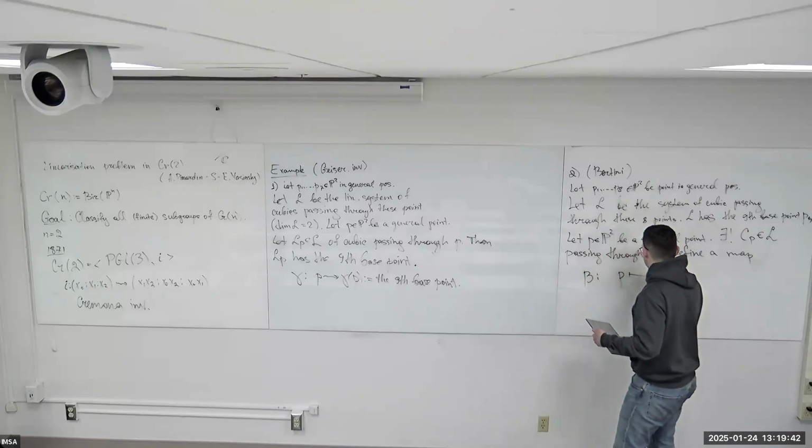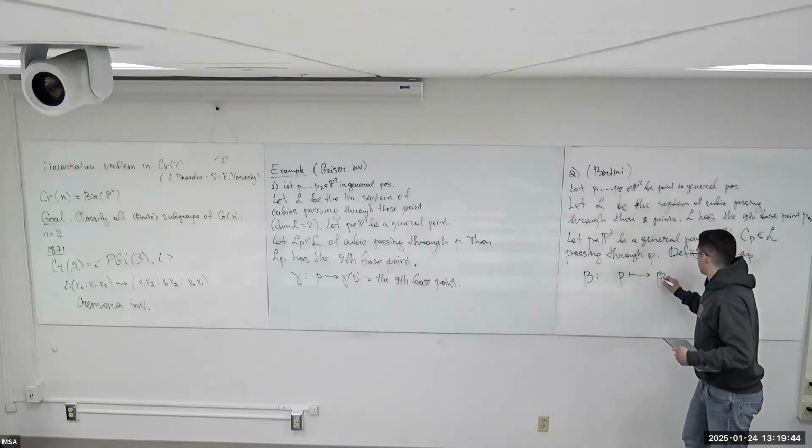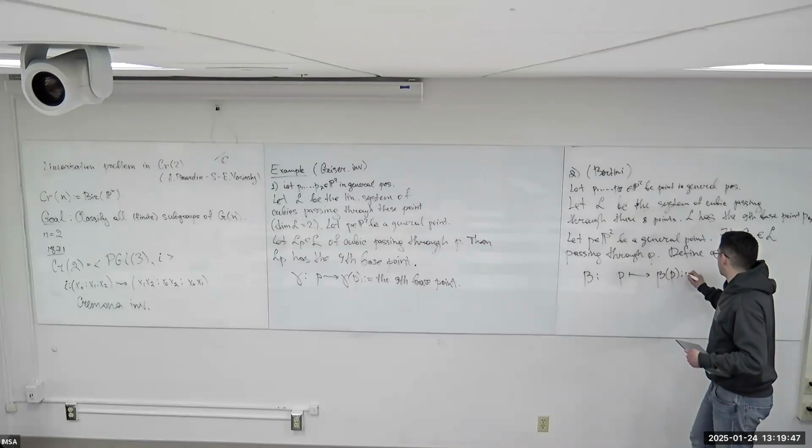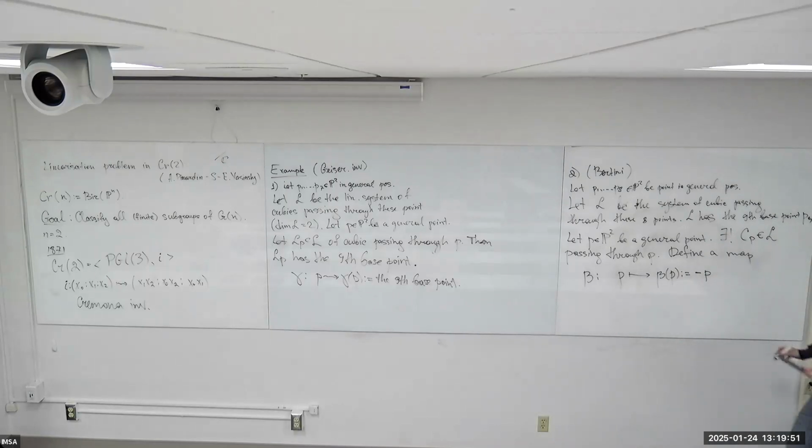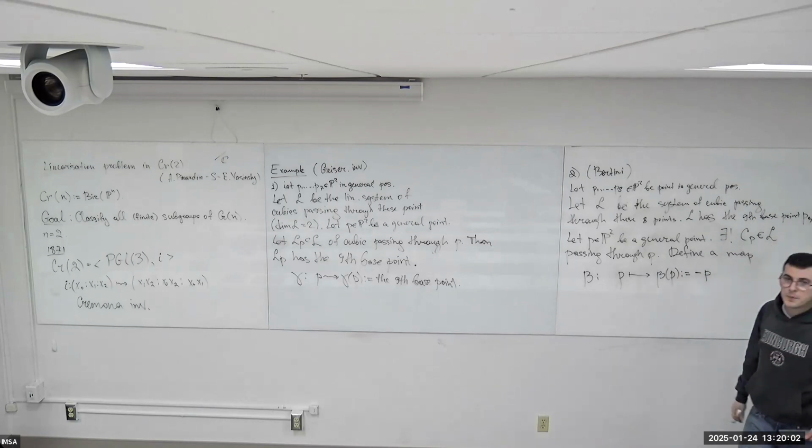It takes P and sends it to beta of P, which is by definition minus P, where this minus is on this elliptic curve with respect to P9, where P9 is fixed as 0.